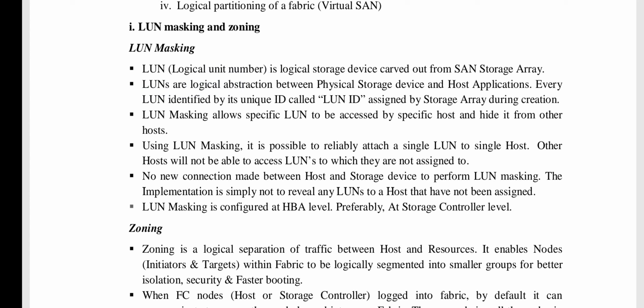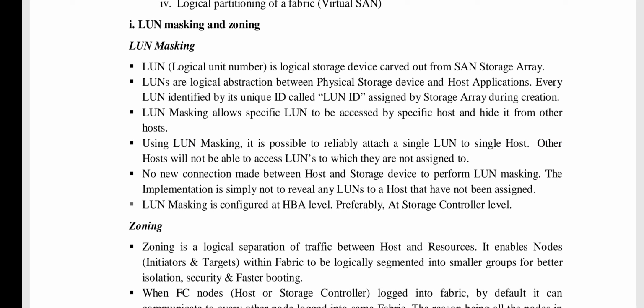It is a logical abstraction between the physical storage device and our host application, and it has a LUN ID. LUN masking allows a specific LUN to be accessed by only a specific host, and thereby it is hidden from the other hosts. So masking is a way of providing security. Just go through it.